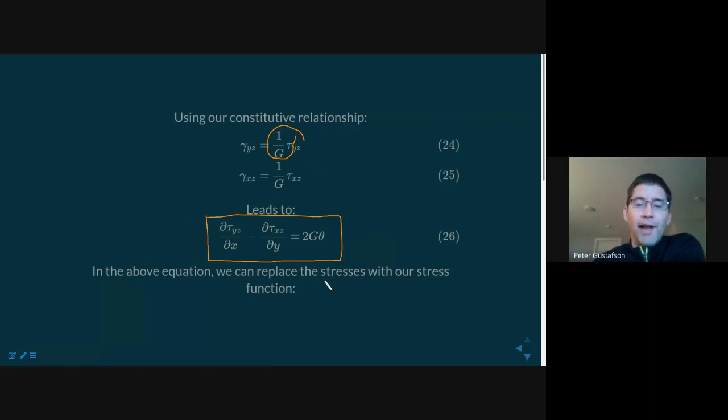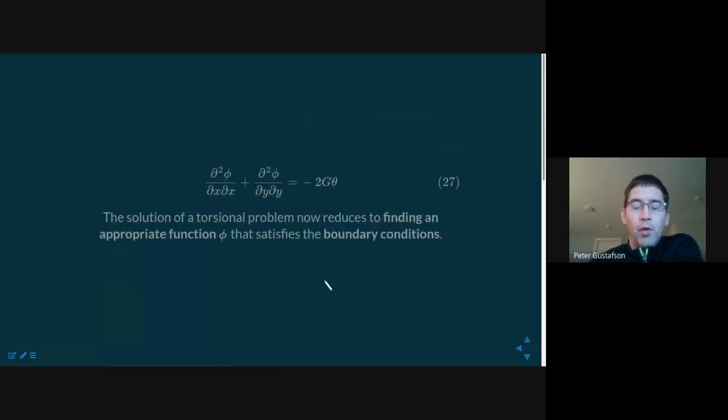So we can apply that stress function into this equation. And when I do that, this is what arises. That is partial squared phi partial x squared plus partial squared phi partial y squared is equal to minus 2G theta.